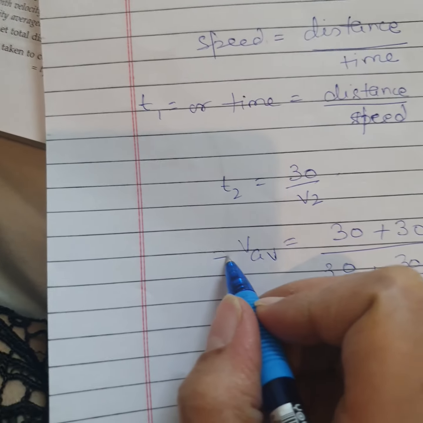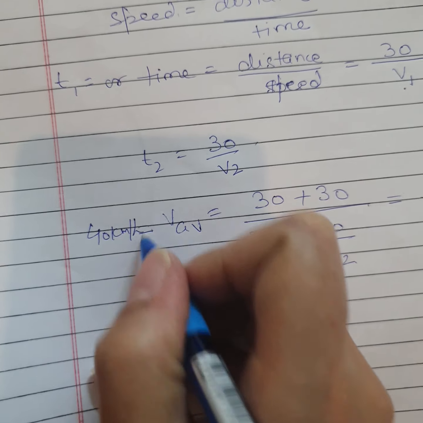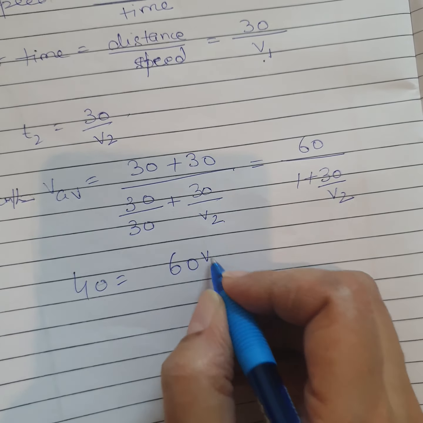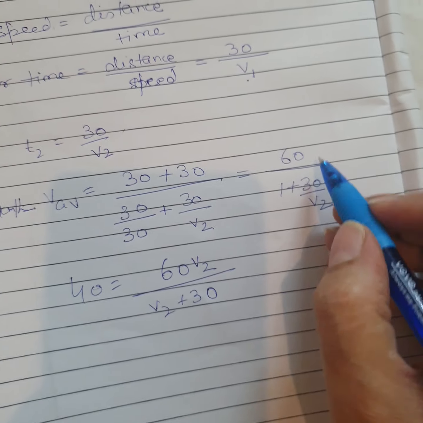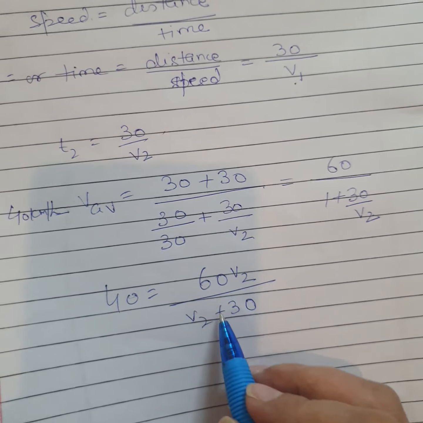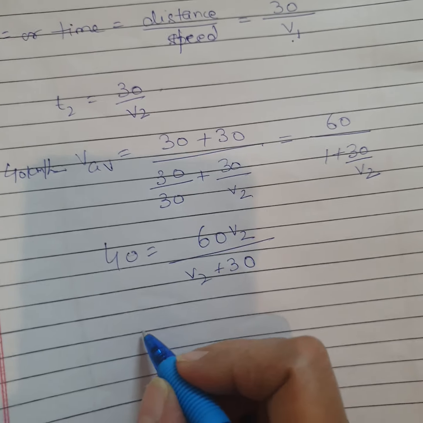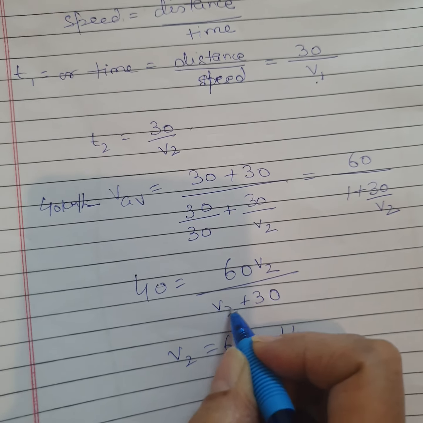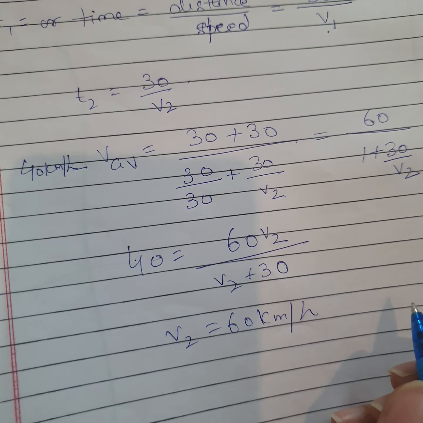V average is given, that is 40 km per hour, so 40 is equal to 60 v2 upon v2 plus 30. By taking LCM, you get this. After calculations, v2 is equal to 60 km per hour. Cross multiply it, then solve for v2.